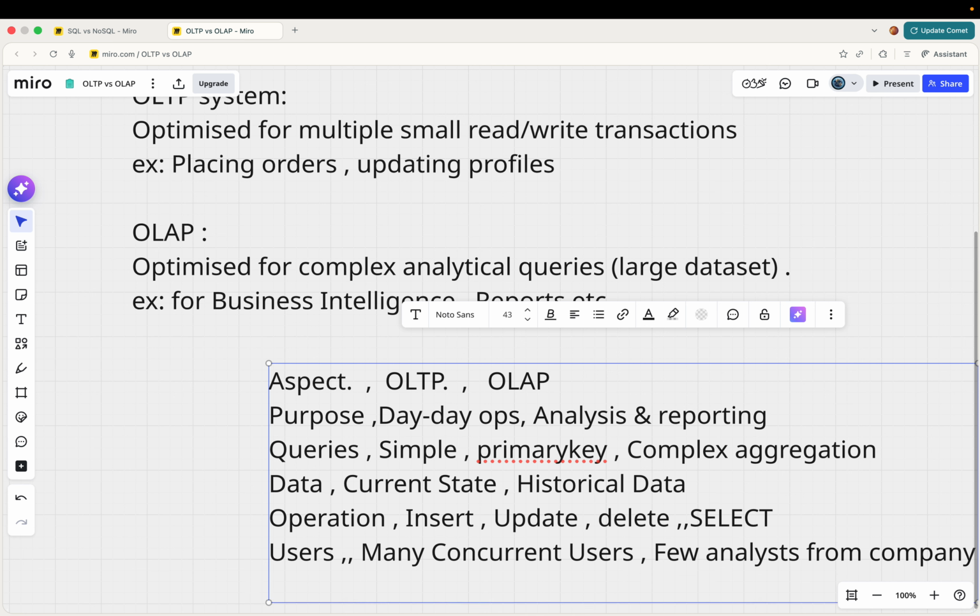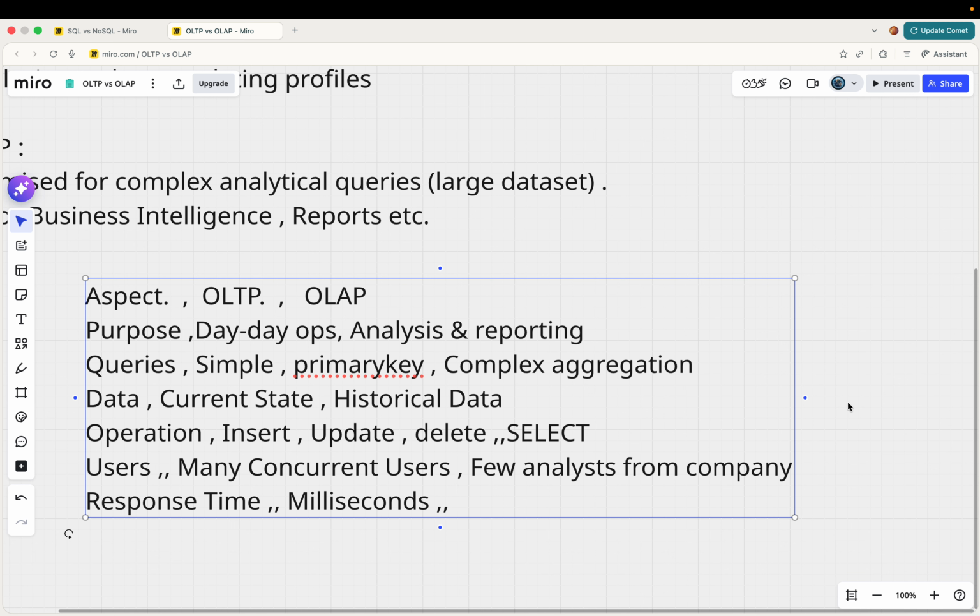Response time in OLTP should be in milliseconds. We are customers, we don't use it if it gives a response after a year. In OLAP the queries are large and run on large data sets, so it usually takes seconds to minutes.